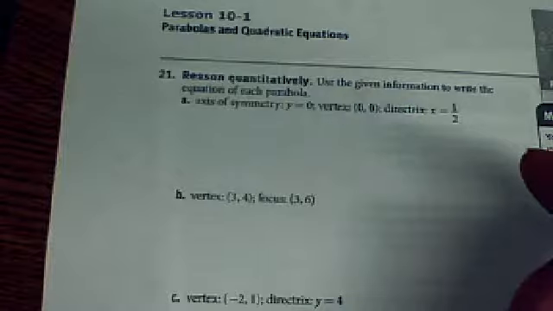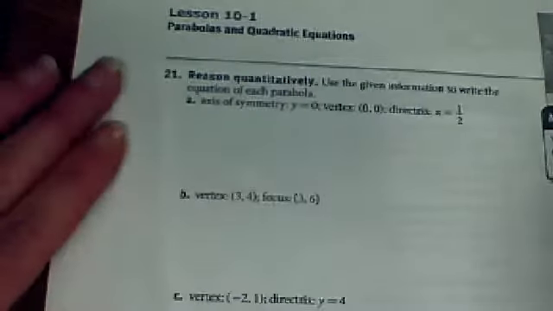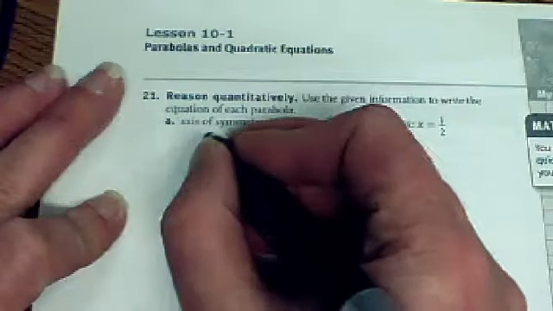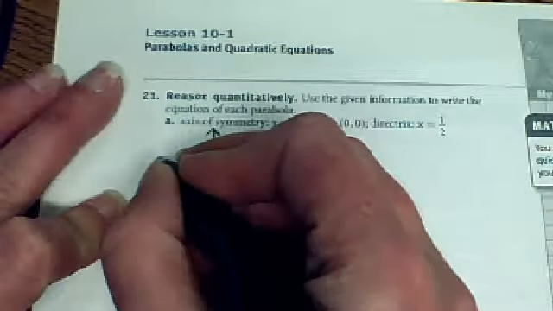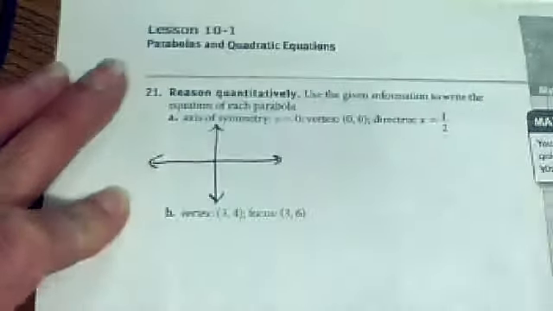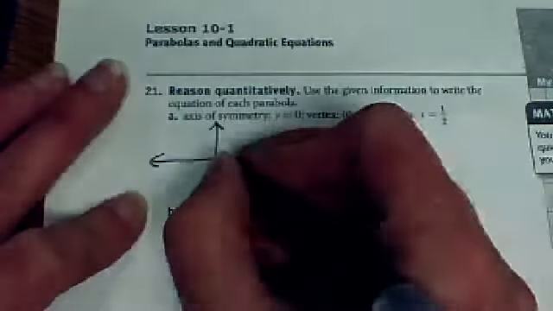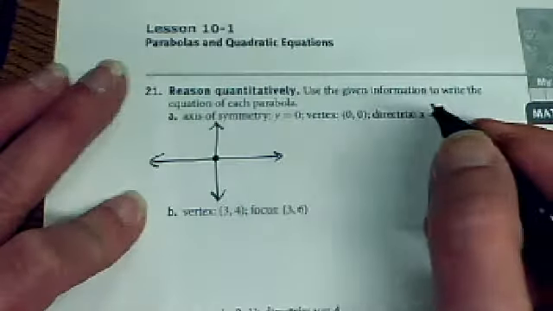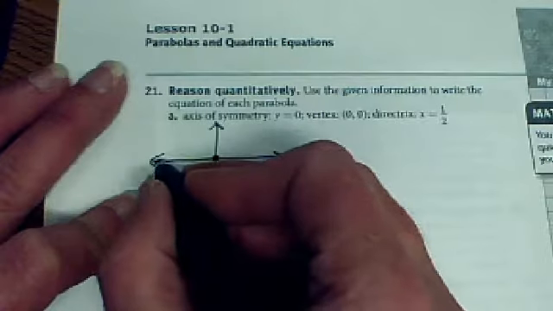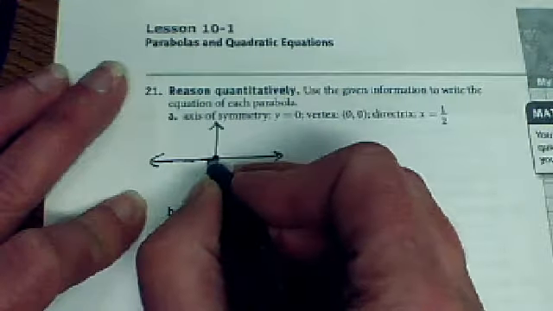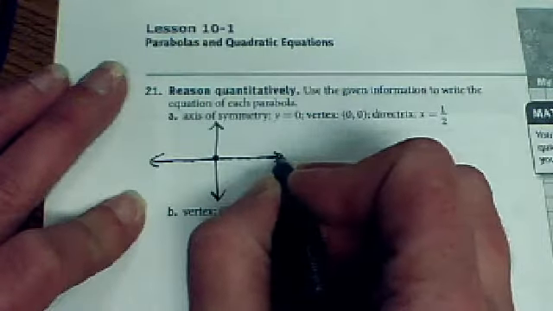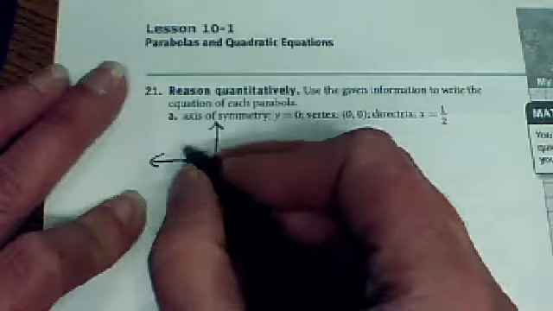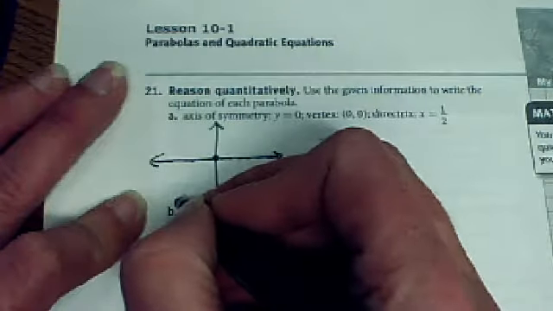Axis of symmetry is a y equals. It is sometimes helpful to graph or make a quick sketch. So here's my x and my y axis. My vertex is at (0, 0). If my axis of symmetry is the line y equals 0, then I've got to be a horizontal.